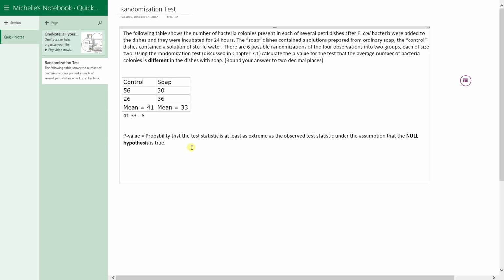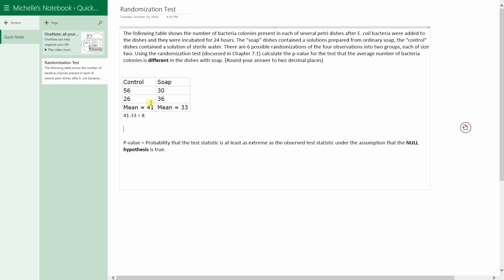Okay, so for the p-value, we're calculating some sort of probability given that the null hypothesis was true. So the first step is to find the distribution of the test statistic under the assumption that the null hypothesis is true. If the null hypothesis is true, these 56 could have been over here, and 30 would have been over there. Where these 4 data points lined up, being in the control group or being in the soap group, wouldn't have mattered.